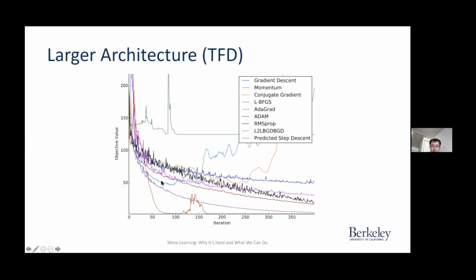The blue curve is the method trained using backpropagation. And these other curves are the classic optimizers that you actually have. This is at meta test time. It has never seen the Toronto faces data set before, so it's a completely unseen objective function.